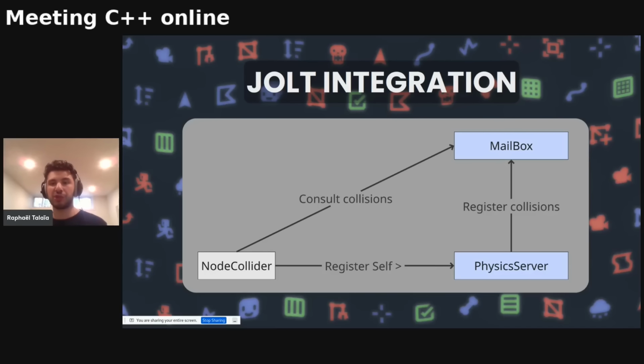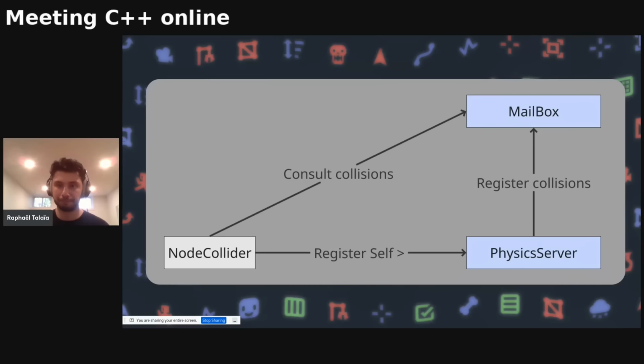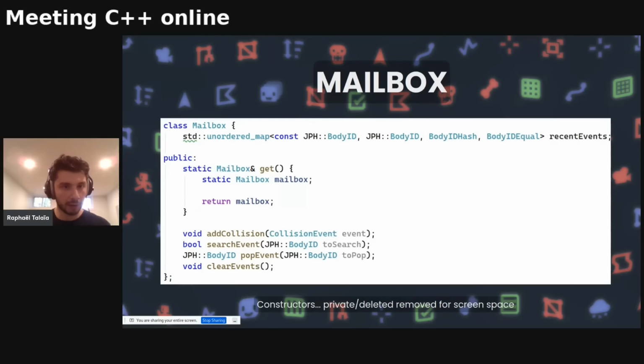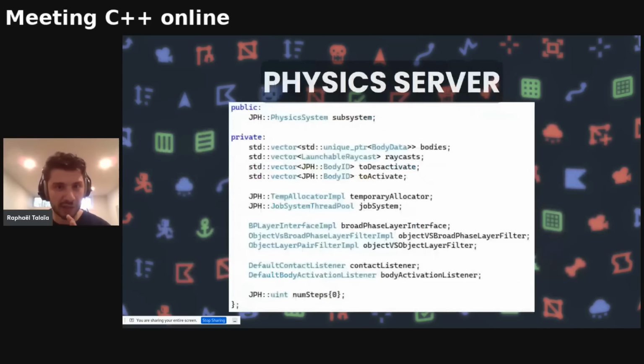And then the physics server registers collisions to the mailbox, and then on update, when we are updating the game, the node collider consults the collisions from the mailbox. So here our mailbox is essentially a singleton. I'm just going to skip through it to make sure we have time.